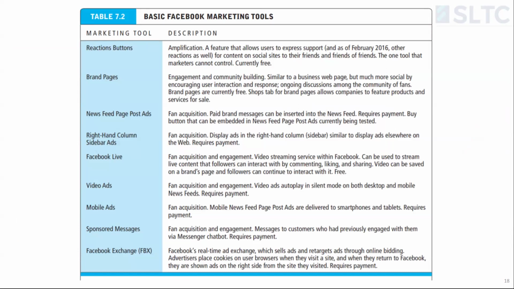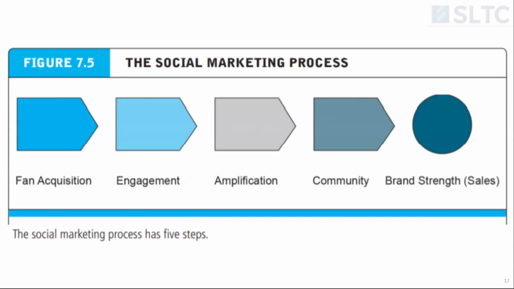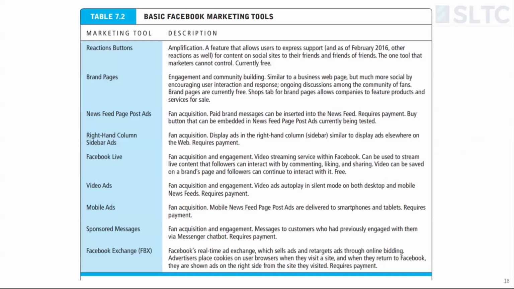Now, I took Facebook as an example to show what kind of tools are available from the Facebook side for marketers. We use the social media platform to increase awareness and brand strength. So how does the social media platform help us?